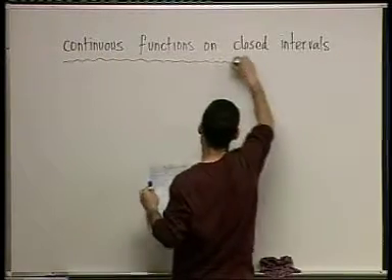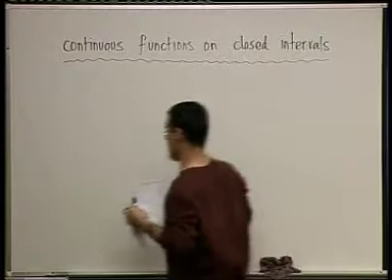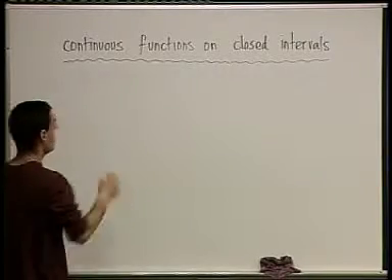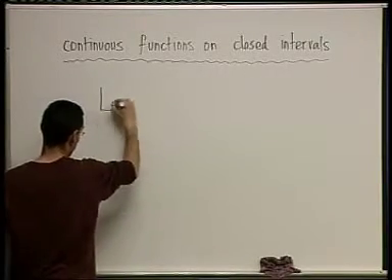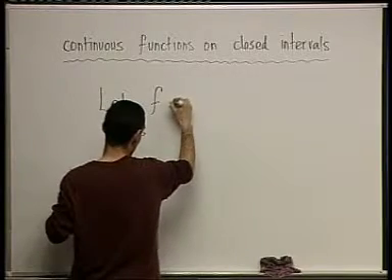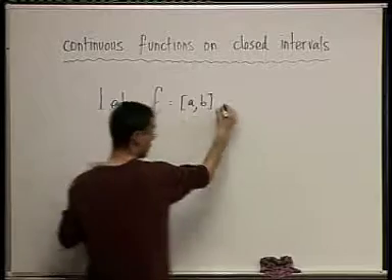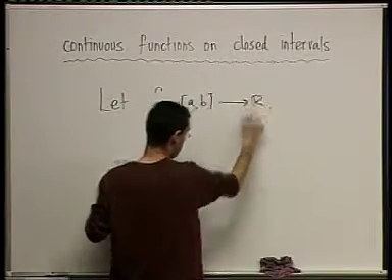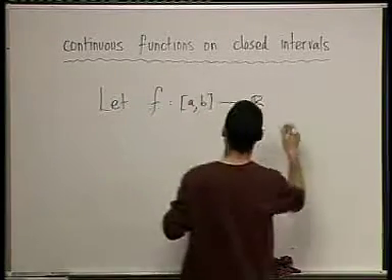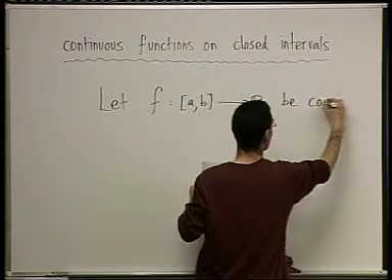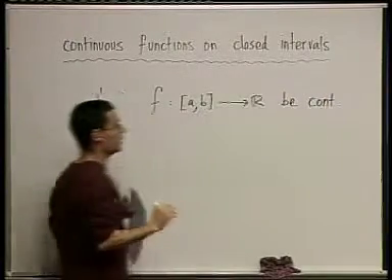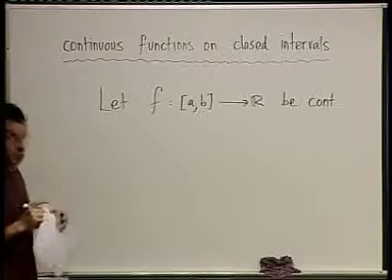So everything we're going to say is going to start with the words, let f be a function on a closed interval from a, b to R, a real function, and we're assuming that it's continuous. All the theorems are going to start like this.